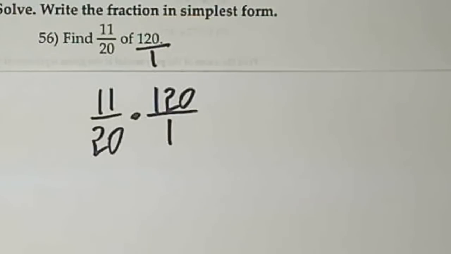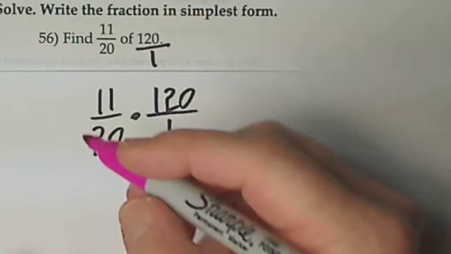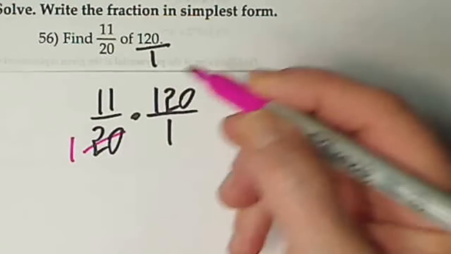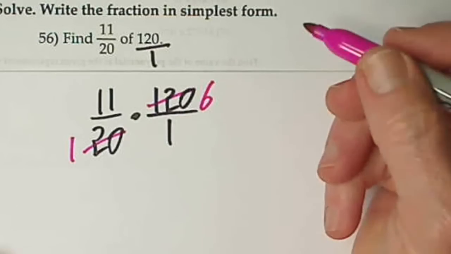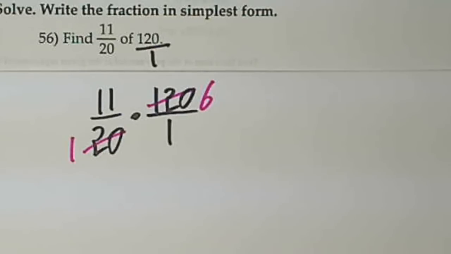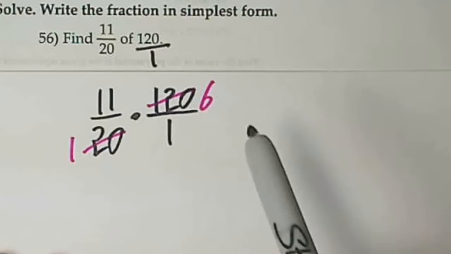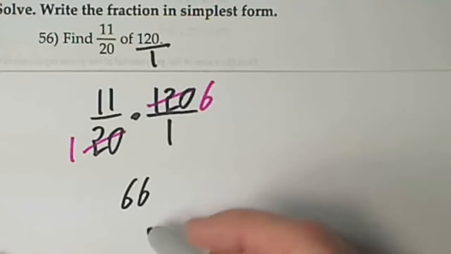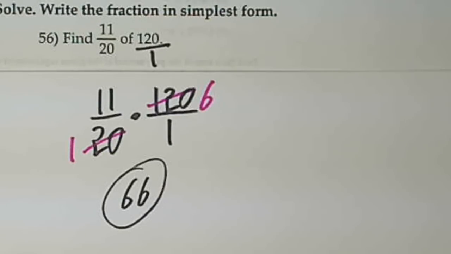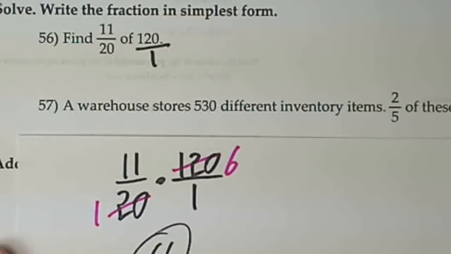Okay, and you can reduce, so it's a good idea to. 20 goes into 20 once. 20 goes into 120 6 times. And again, when you multiply, you go straight across. 11 times 6 is 66. 1 times 1 is 1, but not much point in putting it over a 1. Let's see what else we have.